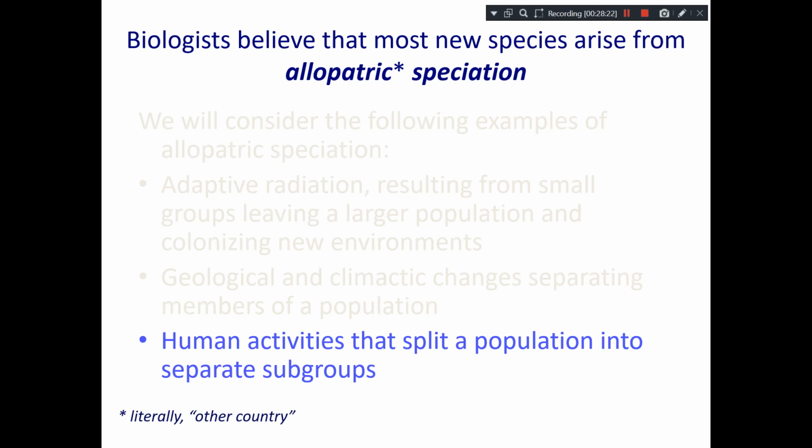As a result, they have to modify themselves to the new conditions of life. So, geological and climatic changes, it may be geological or it may be climatic change, can cause the separation of the members.